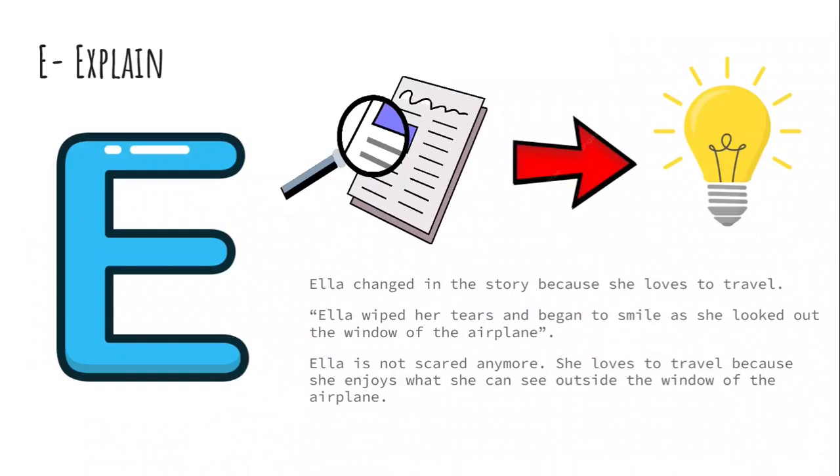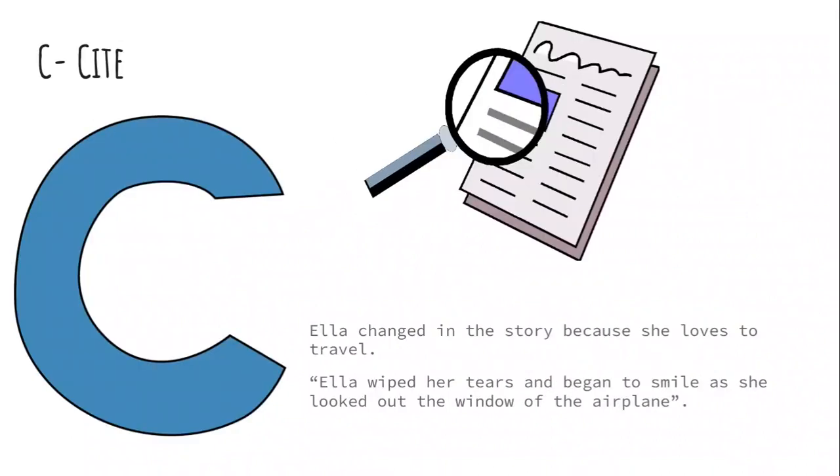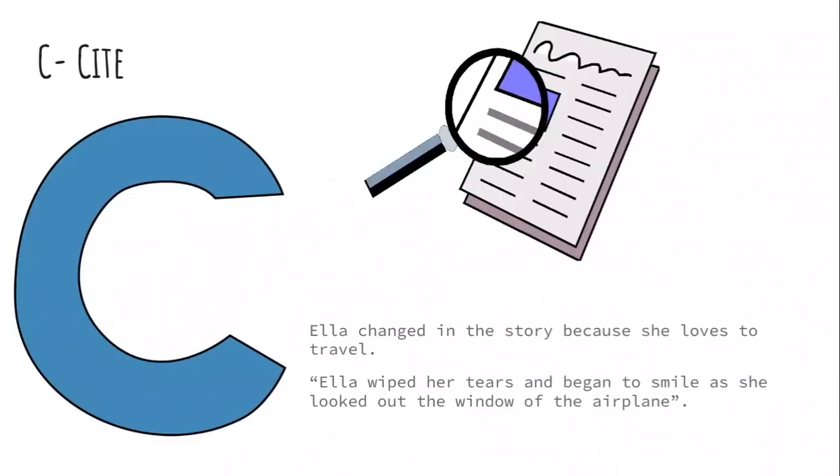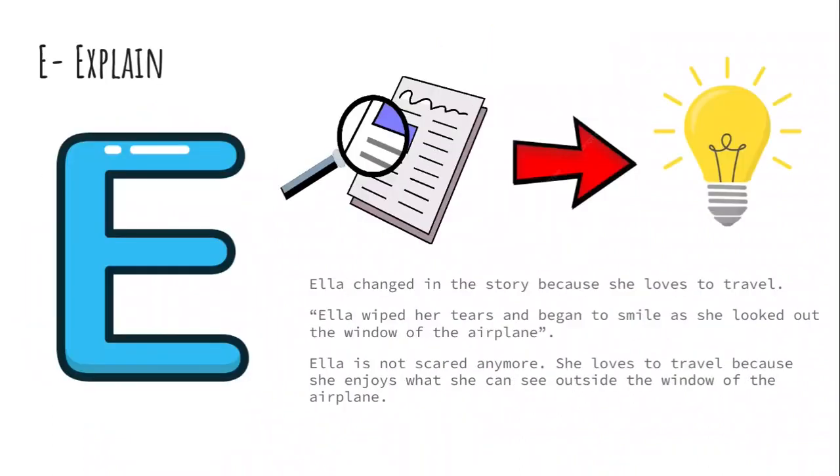Explain means tell why. So here we have to connect our evidence, our text evidence, the one we just wrote down, to our answer. How do they connect? How does my text evidence show my answer? Let's see how I did it in our example. It says Ella changed in the story because she loves to travel.